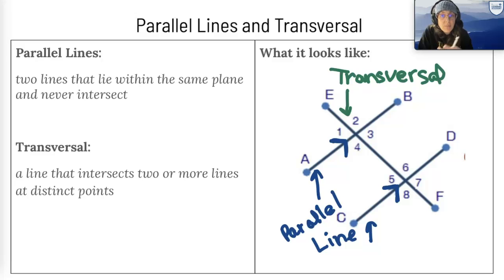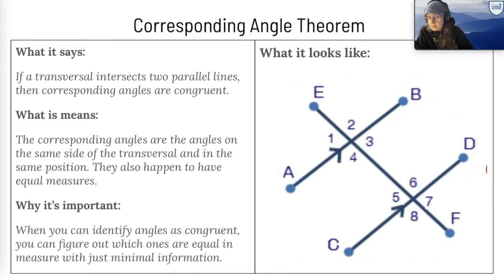It intersects with them, forming angles that have relationships to each other that can give you information. Did you write it down? So here you go, the same image. You have 2 parallel lines; remember, these marks indicate the parallel lines.